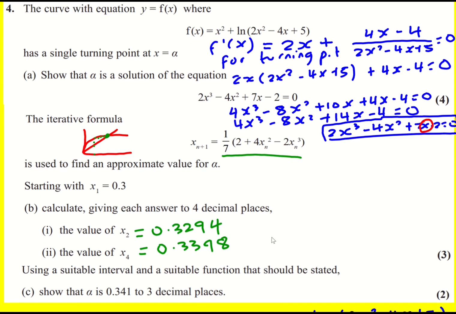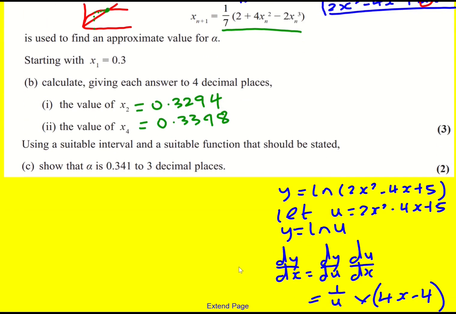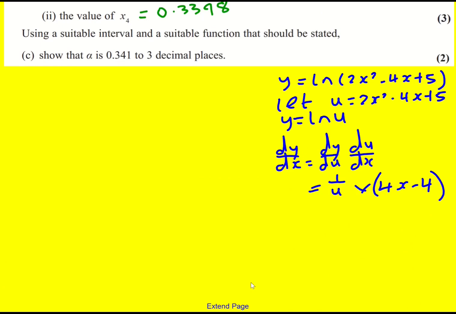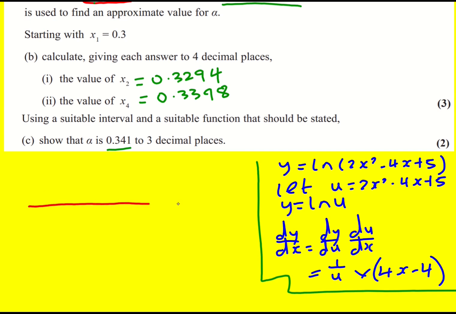Then using a suitable interval and a suitable function that should be stated, show that alpha is 0.341 to 3 decimal places. Okay, that's confirmation really that our earlier answer was correct. So we need to abandon the iterative method at this point and use the sign change rule. So I'm trying to show that it's 0.341 to 3 decimal places.